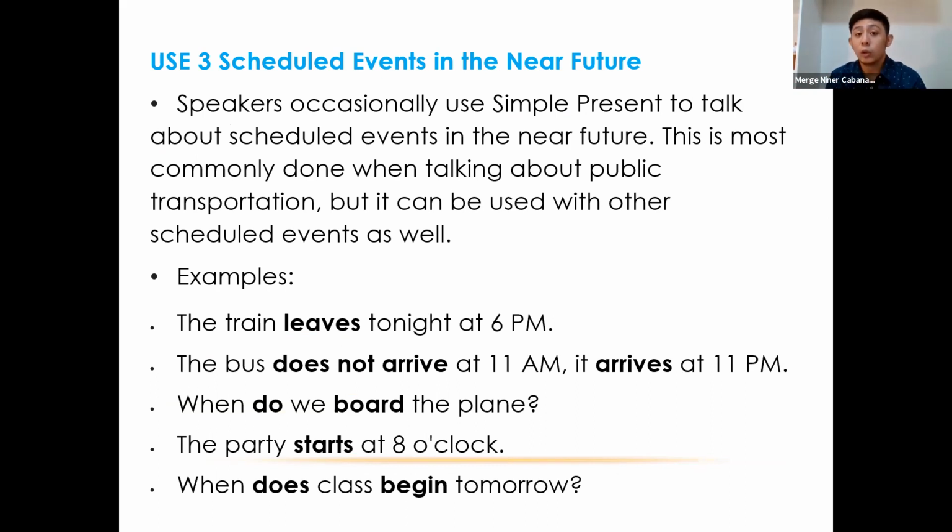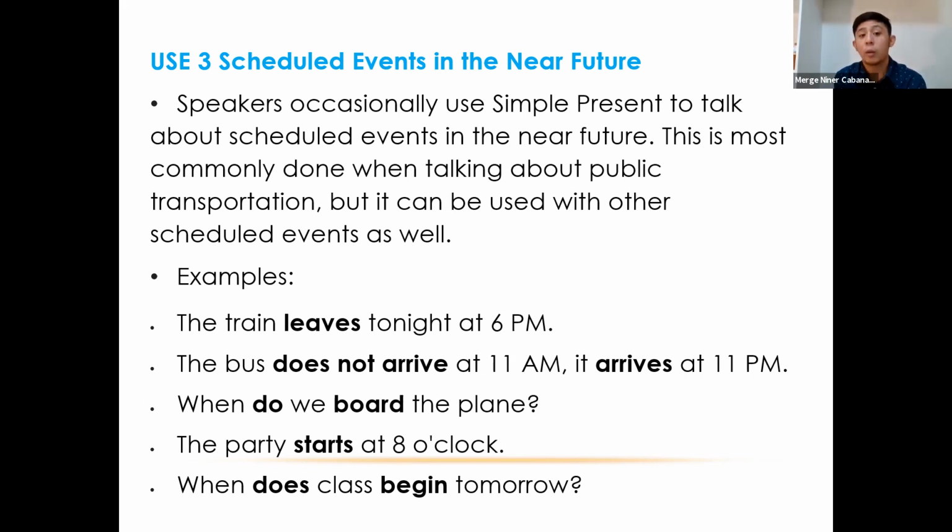Again, we were referring to the train leaves every morning at 8 a.m. A while ago. That was one of our samples. Okay. But take a look at this. Speakers occasionally, I'm not saying all the time. All right. The word I'm using here is occasionally. So the speakers occasionally use simple present to talk about scheduled events in the near future.